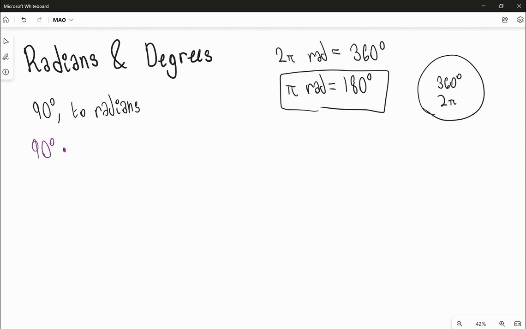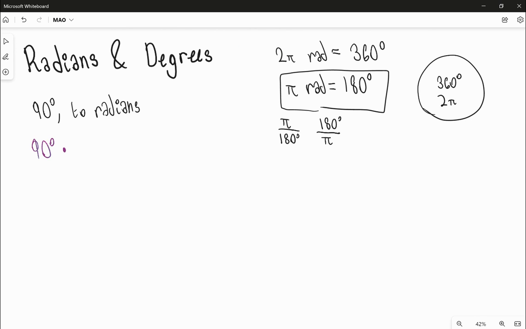Our ratios are either pi over 180 in order to convert to radians, or 180 degrees over pi if you want to convert to degrees. So it's whatever's on top. When you're converting to radians, you have the radians on top. When you're converting to degrees, you have degrees on top.